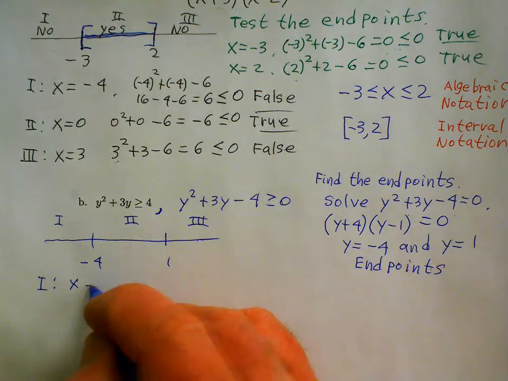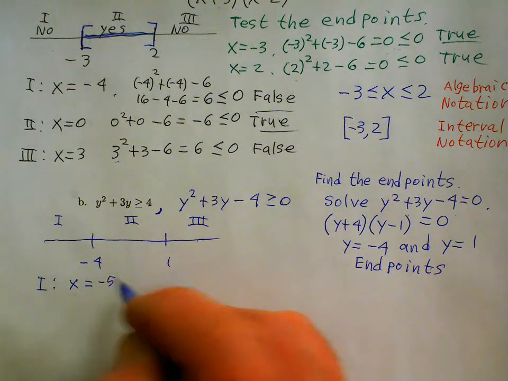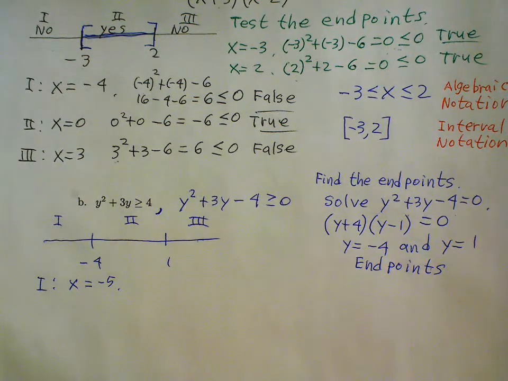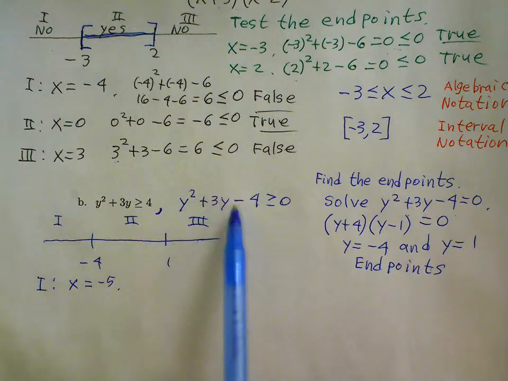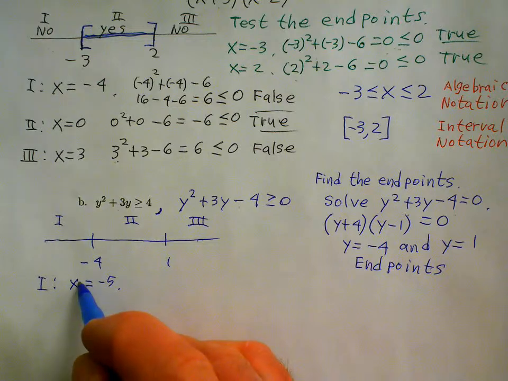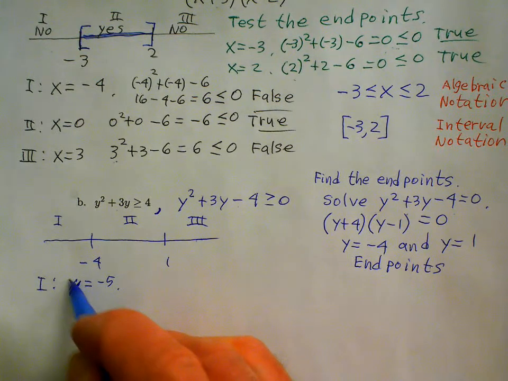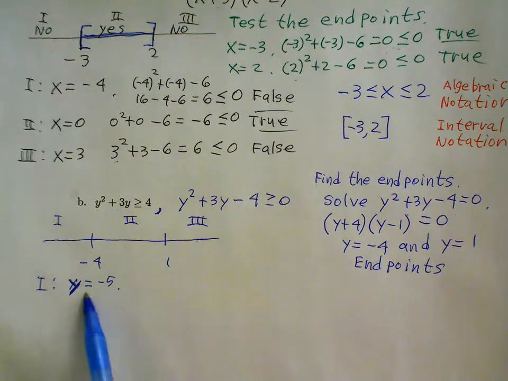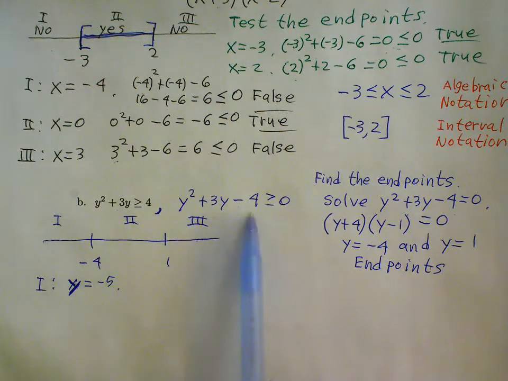So I'll pick y to be negative 5 for the test point. But you could use either of the inequalities since they are equivalent.